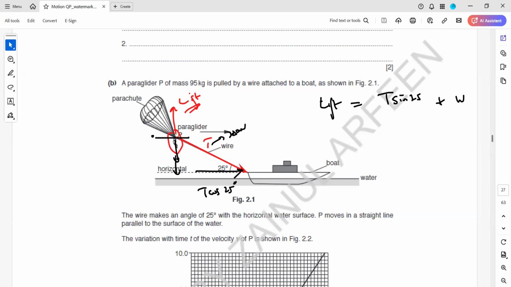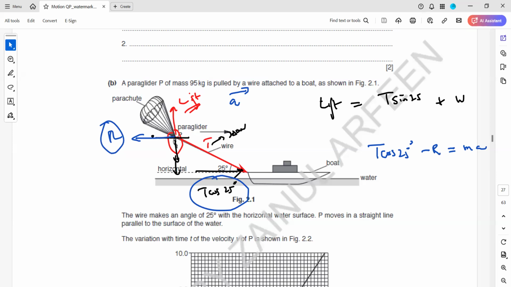So say R is the air resistance, and he is accelerating in this way. When we write the formula, it will be T cosine 25 minus the air resistance R equals MA, because T cosine 25 is acting horizontally, minus the air resistance, which equals the resultant force MA.